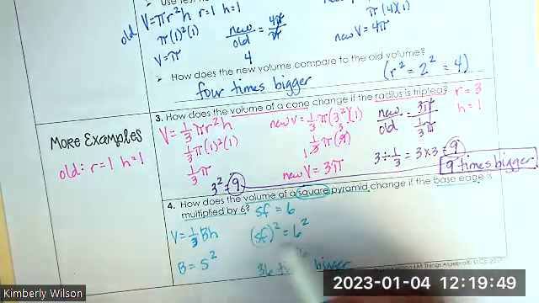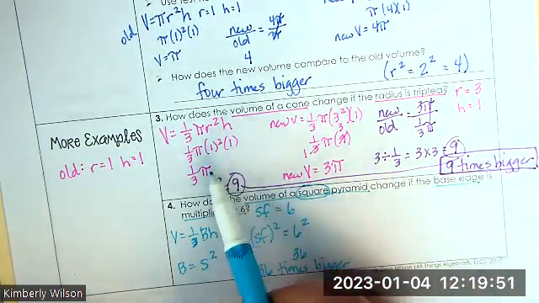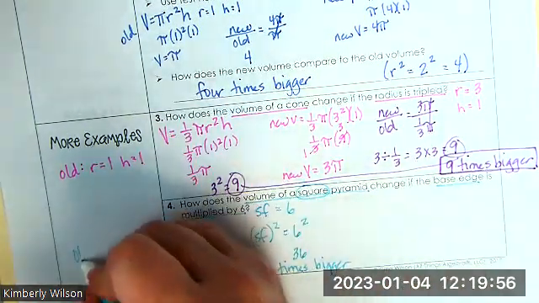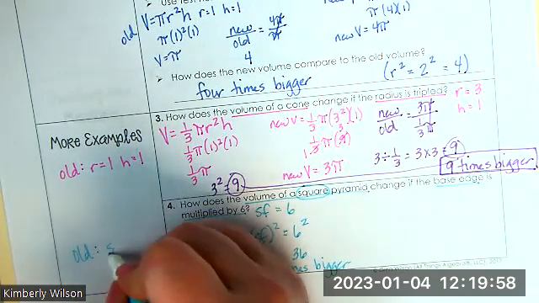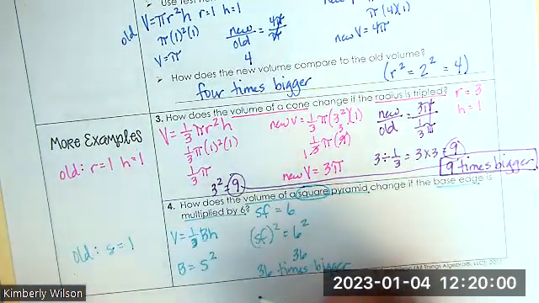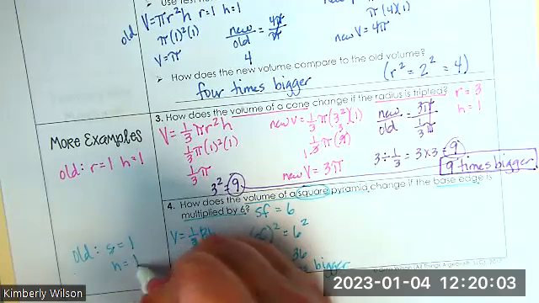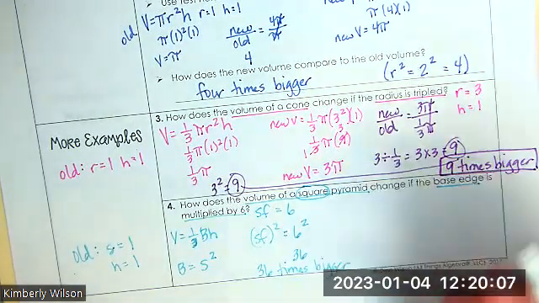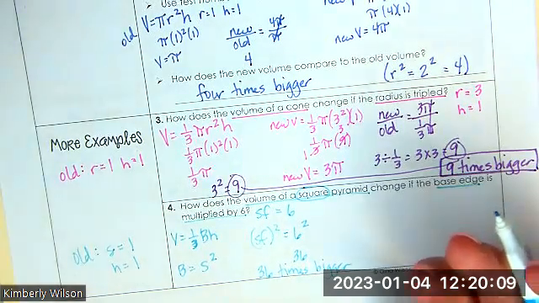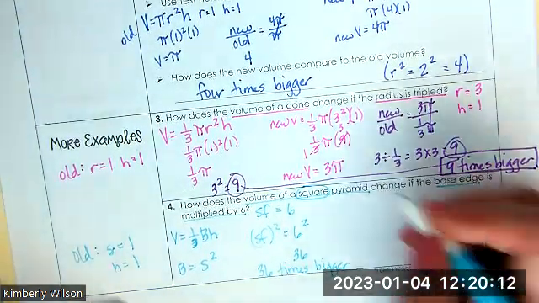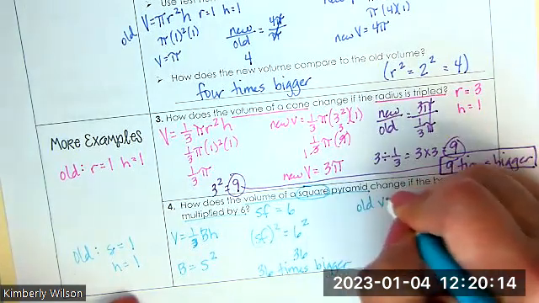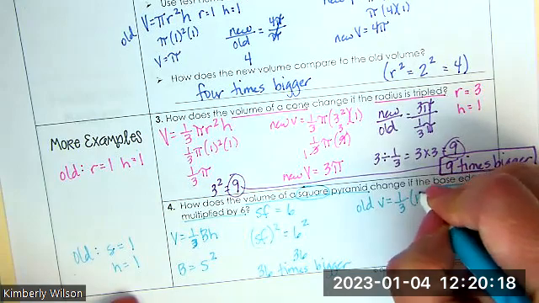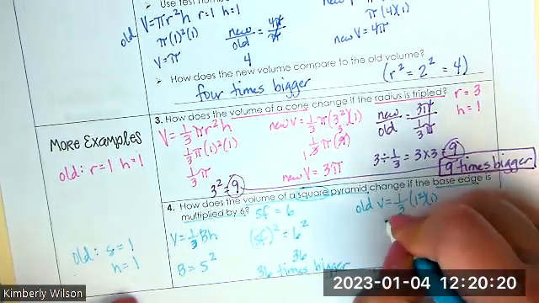because that's what's changing, because remember, the original is always being treated as 1. For the old, the side is 1, and the height is 1. So therefore, it's just still going to be 1/3. The old volume would be 1/3, because we're doing 1 squared times 1.